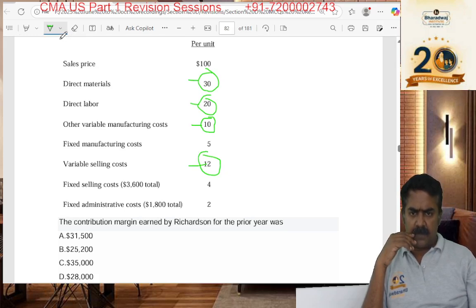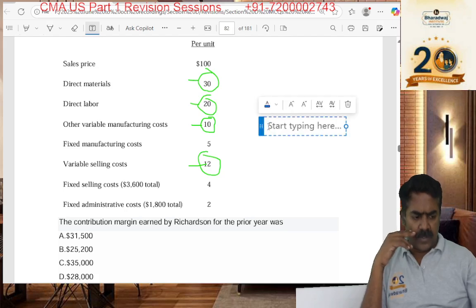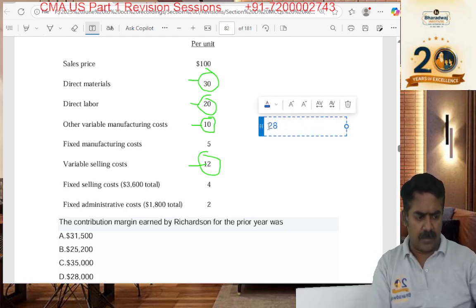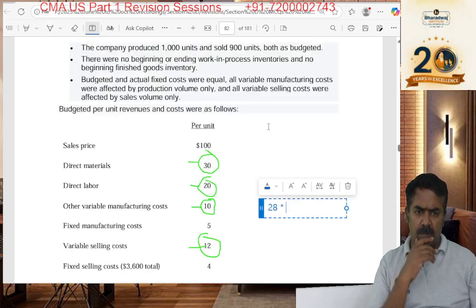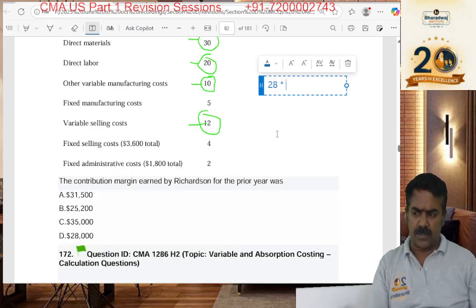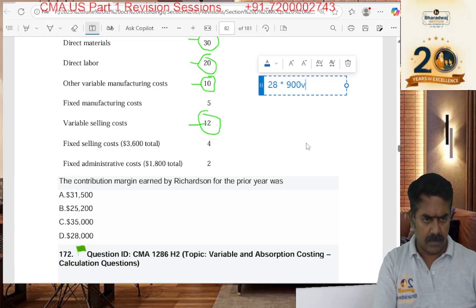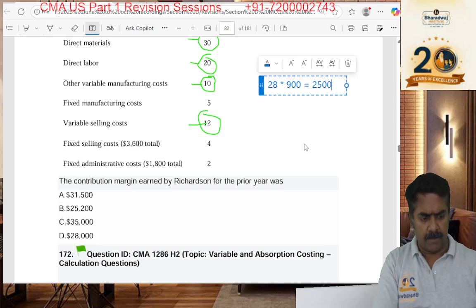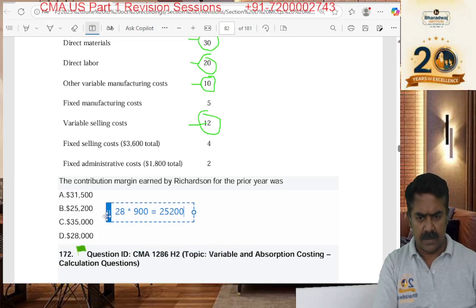How much do you get? 28 into 30. 28 into how many units are sold? 900 units are sold. How much do you get? 25,200, sir. 25,200 we get.